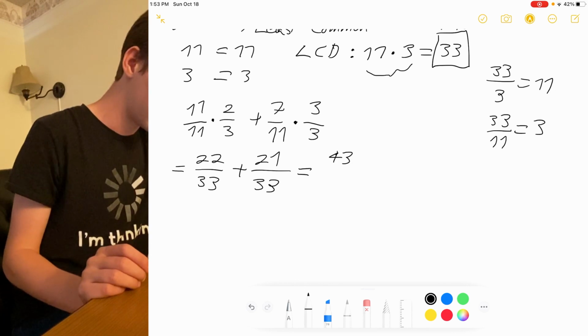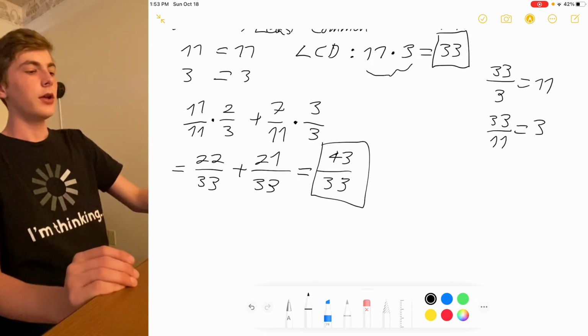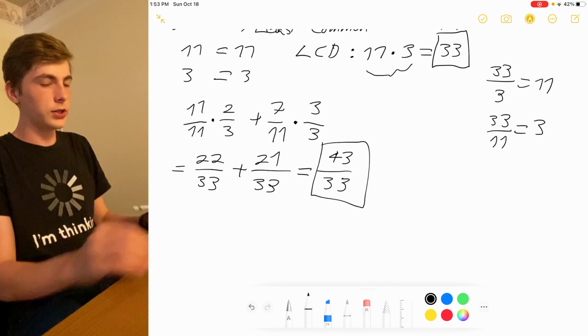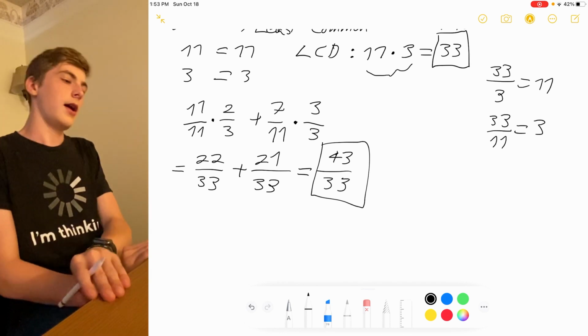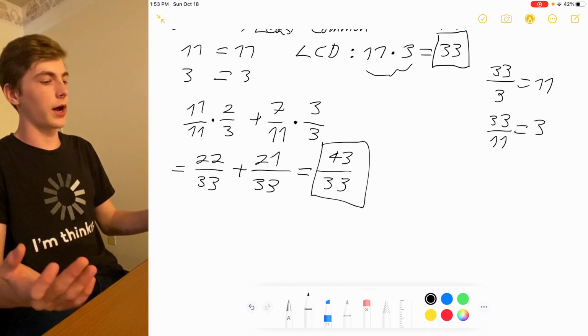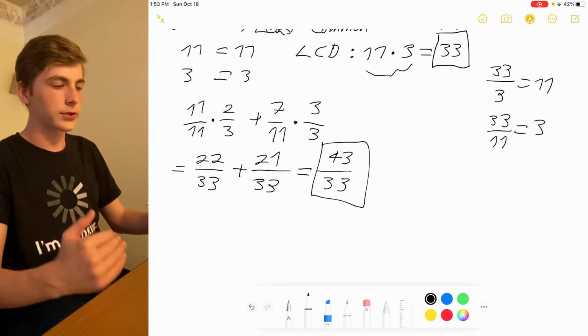That's going to be 43 over 33. And that would be the answer to adding those. So it's very simple to do the addition. It's just that we have this extra step of finding the least common denominator, and then we have to figure out, okay, what do I have to multiply by to get that least common denominator on the bottom of both fractions?